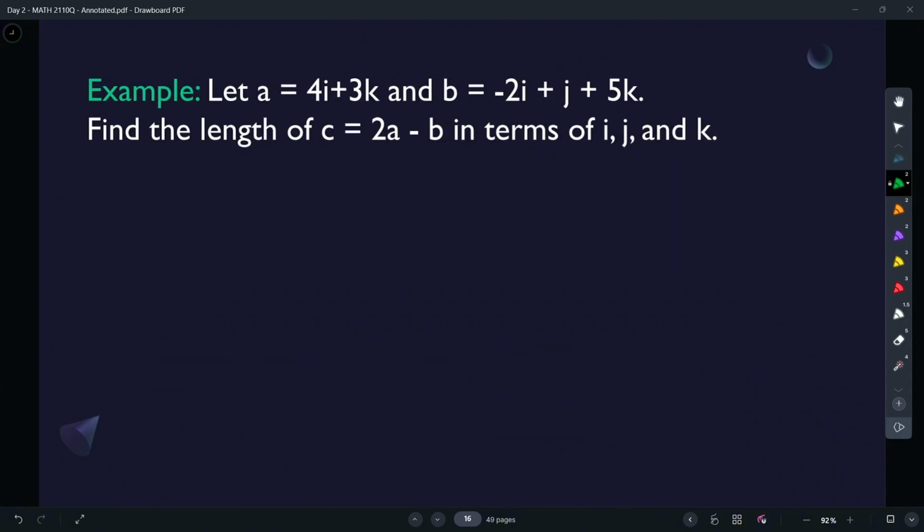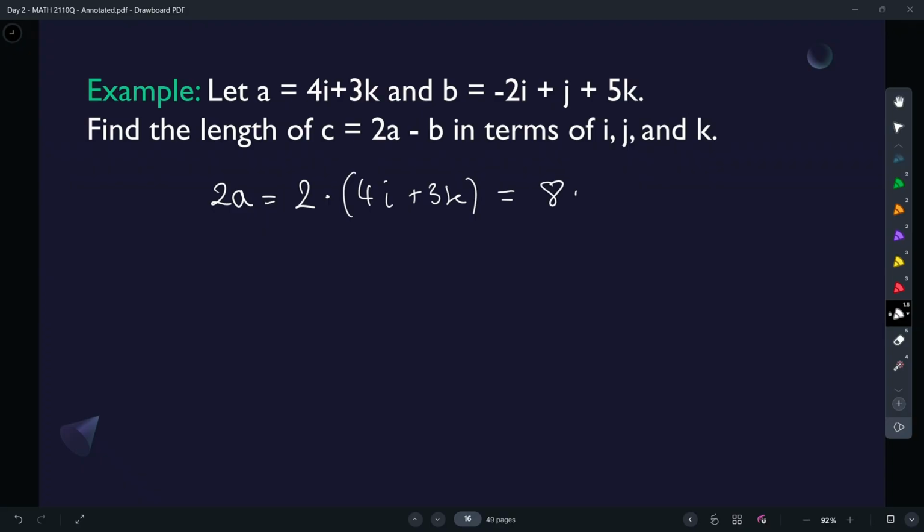And we can do all these operations of vectors either in coordinates with these parentheses or brackets, and then we can do them also in terms of the i, j, and k. So let me find, for example, the length of the vector 2a minus b. So first of all, what is 2a? That will be twice 4i plus 3k. So I scale that vector, just multiply the coefficients.